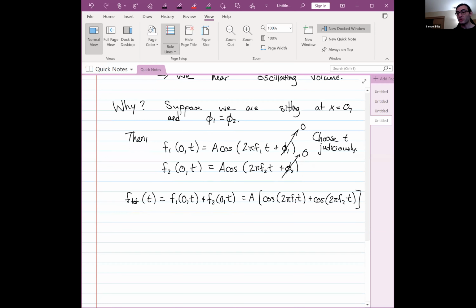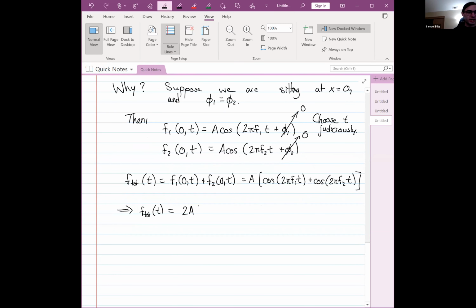So again, we're going to use that same trig identity where we add two cosines with different arguments, and we get that the total disturbance, in this case the pressure wave, is 2 times a times cosine of 2 pi times (f1 minus f2) divided by 2 times t, times cosine of 2 pi (f1 plus f2) over 2 times t. It's just the same cosine rule.